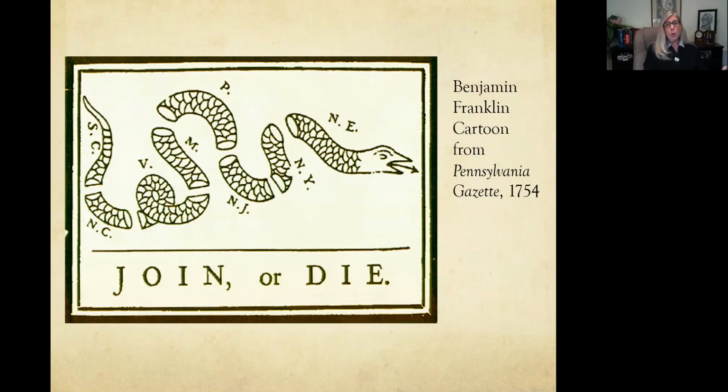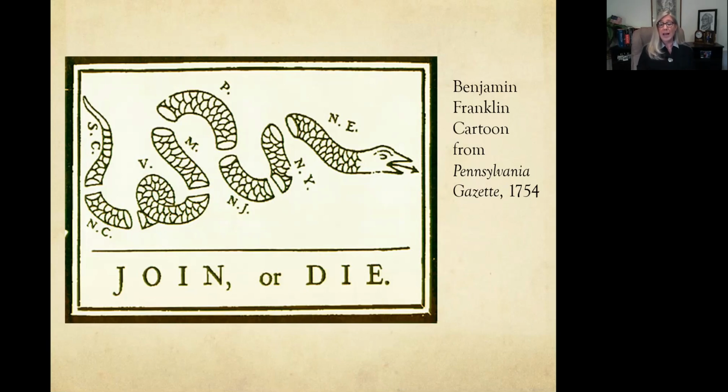Now, when he floats this idea almost of an alliance of sorts between the colonies at the Albany Congress, things are not yet bad enough for the colonists to be willing to join together in some sort of unified continental government. They're afraid that if they do that, they're going to lose their own independence and their own autonomy as a colony, which was part of the reason why most of the colonies were founded in the first place, to govern themselves in the way that they would like.